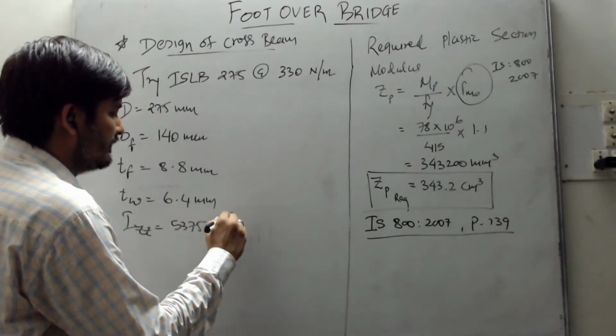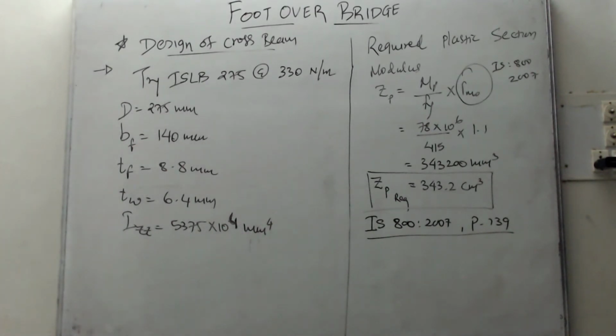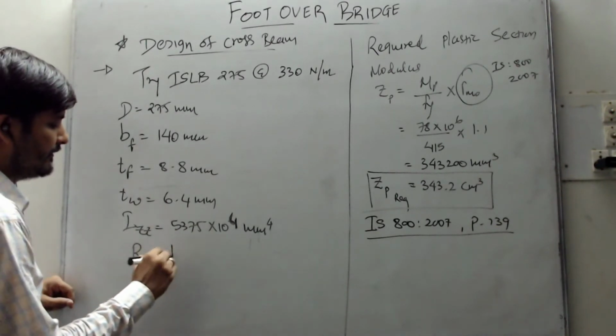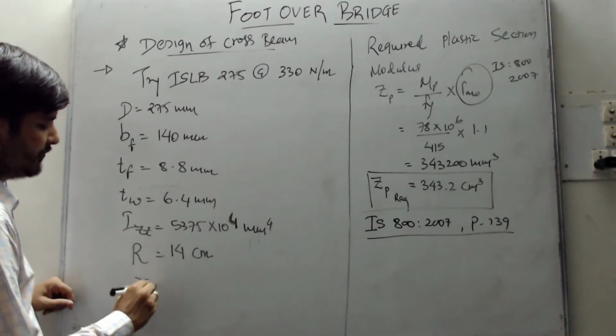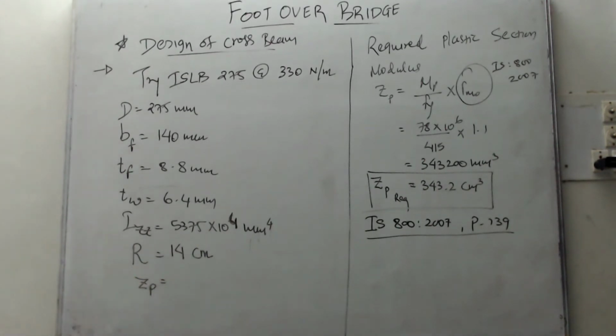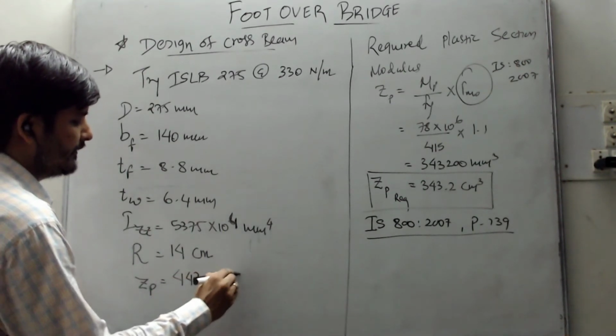Sorry, before that, the radius of gyration R is 14 centimeter, and I have the plastic section modulus for this section, which is 443.09 centimeter cube, right?